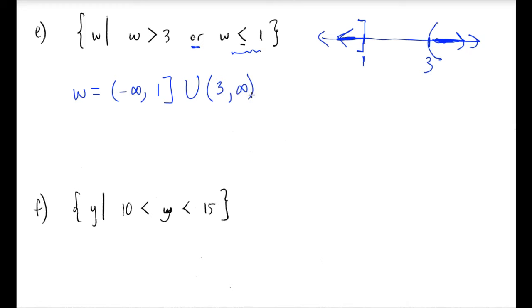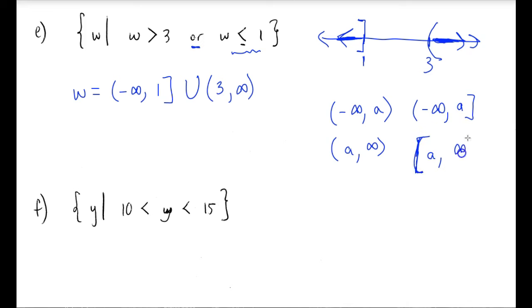Now, one thing that I did not mention earlier, but I want to mention it now, is that anytime we have a situation where we have intervals that involve infinity, whether they look like this, like this, like this. Oops, let me do with a bracket here, or like this.